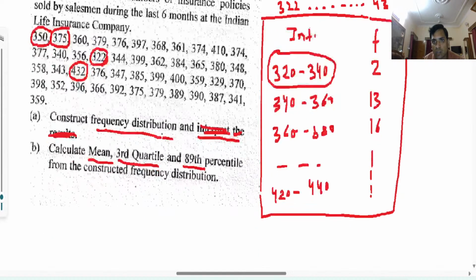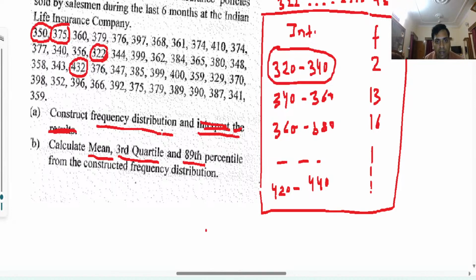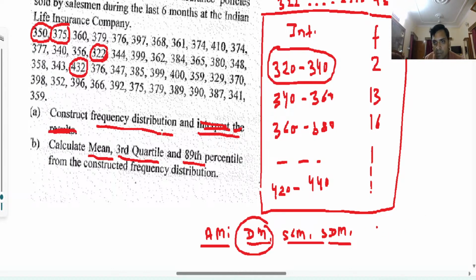For exclusive continuous data, first we will find the arithmetic mean, and for arithmetic mean I taught three methods: first is the direct method, second is the shortcut method, and then the step deviation method. You may apply any one of the methods to find the mean. The easiest is the direct method, and the formula for this is x bar equals summation fx divided by summation f. By using this formula you can find x bar.